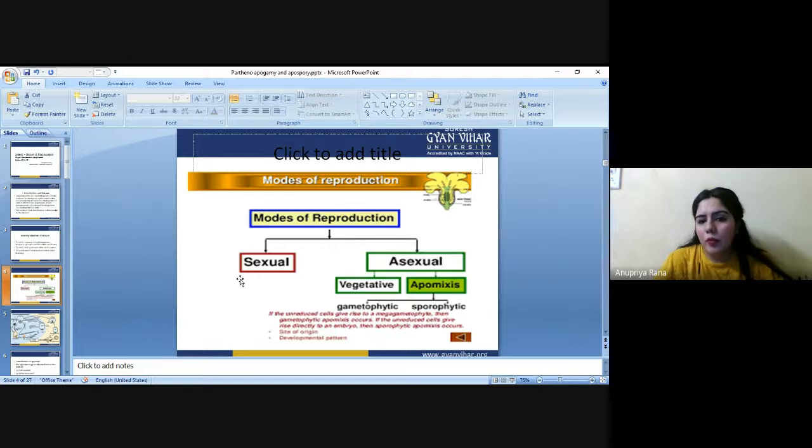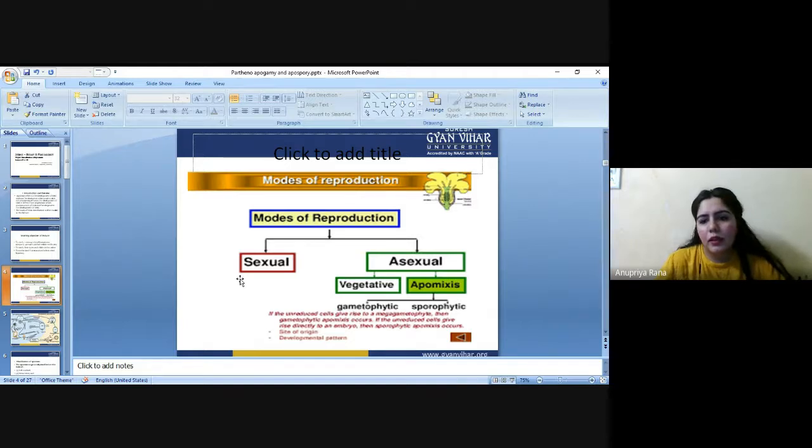In this mode of reproduction, plants do not undergo meiotic division. You have to study this very carefully. Some people get confused and write meiotic division in apomixis.